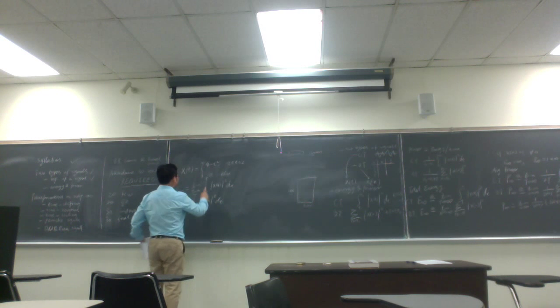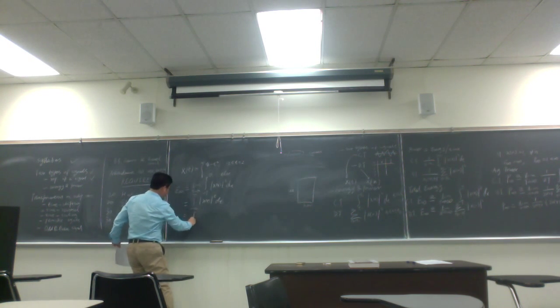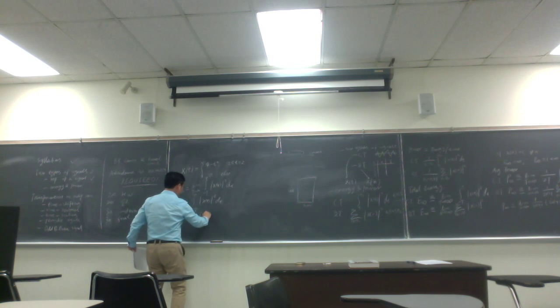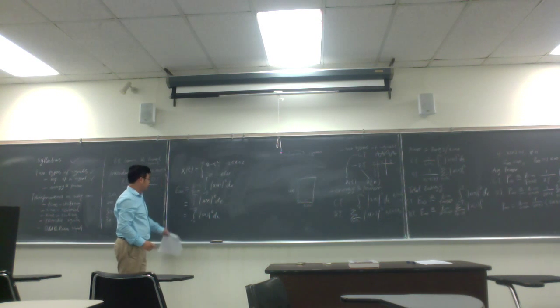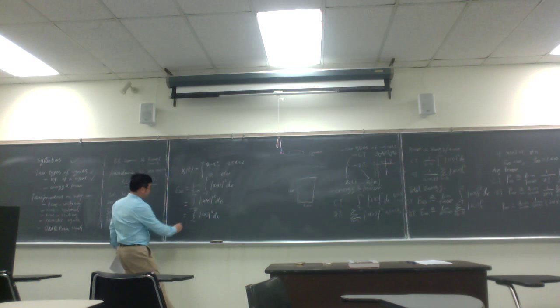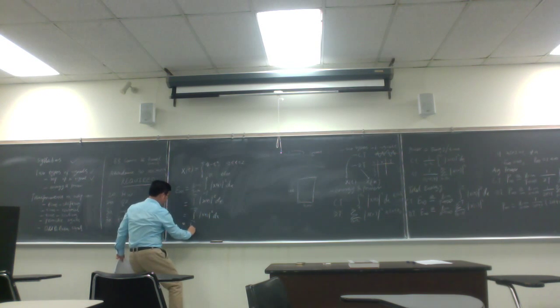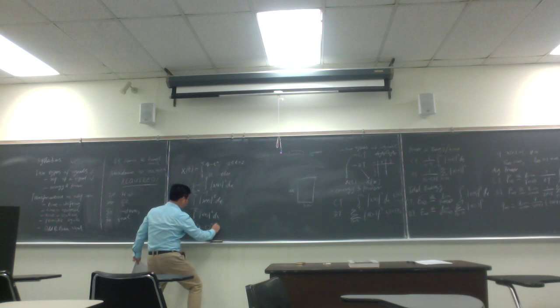So we only need to integrate between minus 2 and 2. Now we can substitute in this signal here. So we have the integral of (4 minus t squared) squared dt.